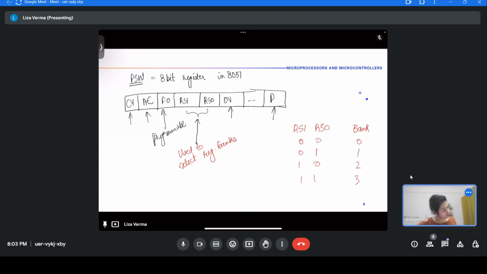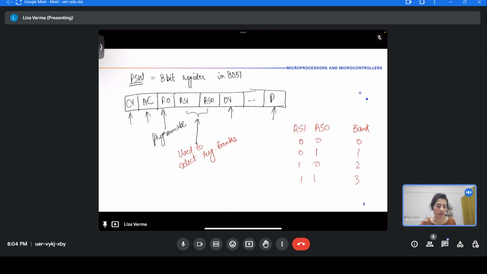That is PSW. What is the function of that F0? F0 is a programmable flag.